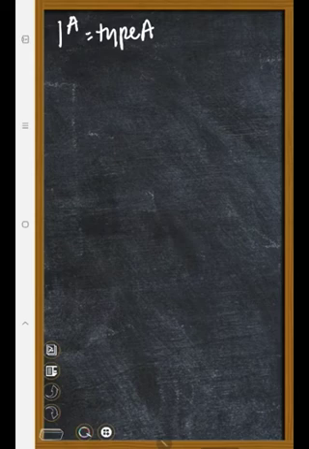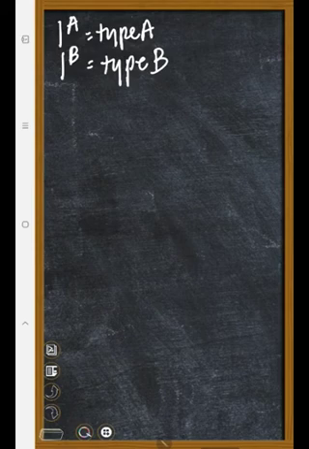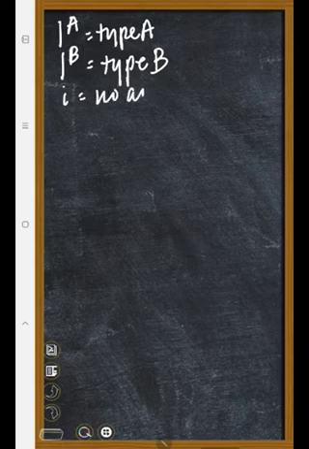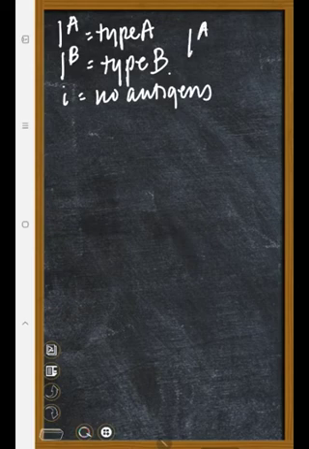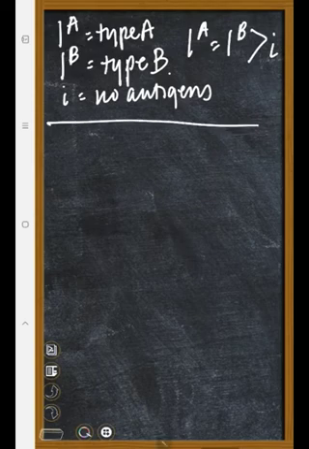And then I superscript B is the allele that codes for the production of type B antigens on the red blood cells. And then small i, no antigens. I^A is codominant to I^B, and both of these are dominant over small i. So, yan yung definition natin ng terms.